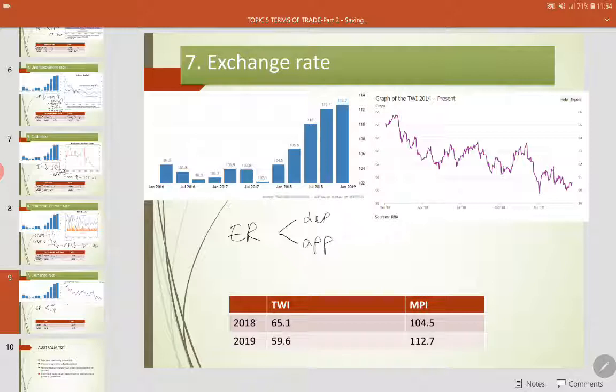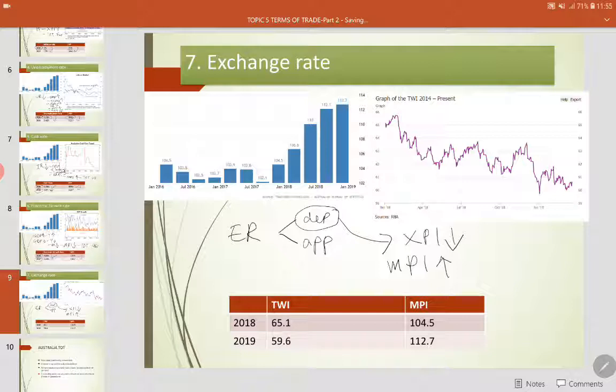For example, during depreciation, you can look at it in terms of export price index and import price index. During depreciation, export price index will decrease and import price index will increase, because now imports will be more expensive for us and our exports will be cheaper.